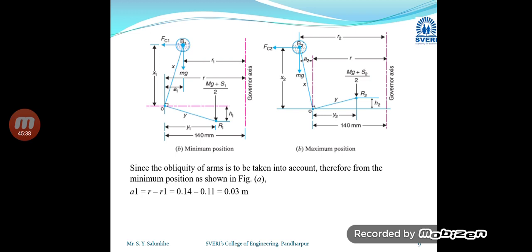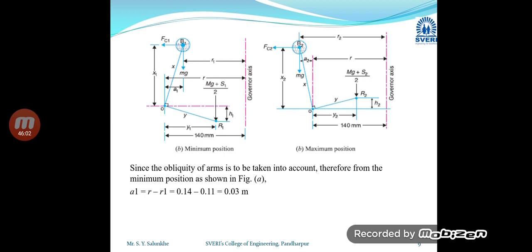To the other side of the equation we write Fc multiplied by its distance x2, which is making negative or anti-clockwise moment, whereas mg is acting in downward direction and from the fulcrum its distance is a2, so it is also going to make the anti-clockwise moment.